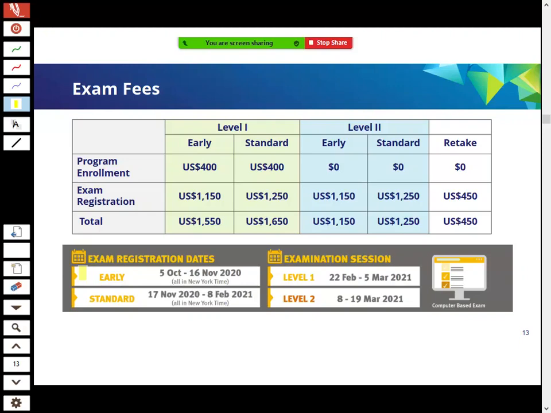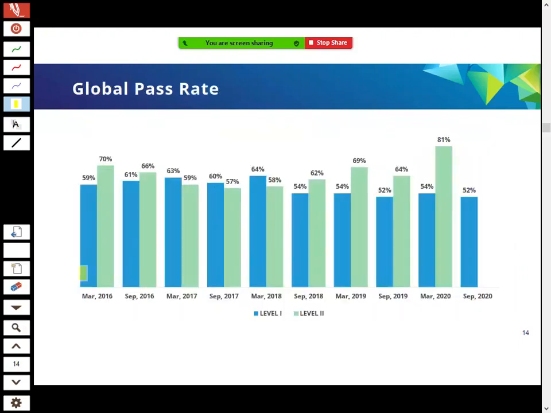Level 1 is in the last week of February and the first week of March, and Level 2 is the second week, stretching to the third week of March next year. Passing rate is roughly about 50%. Last year the passing rate for Level 2 suddenly went up quite a lot, and I don't know why. There's no official answer, but okay, we'll see whether it can continue.